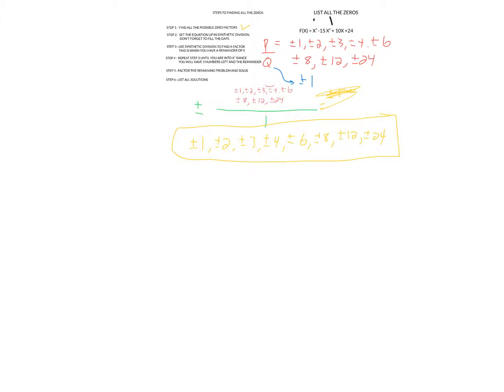So I have to fill in the cube with a 0. So this problem now reads x to the fourth plus 0x cubed minus 15x squared plus 10x plus 24. Okay, make that plus a little better.